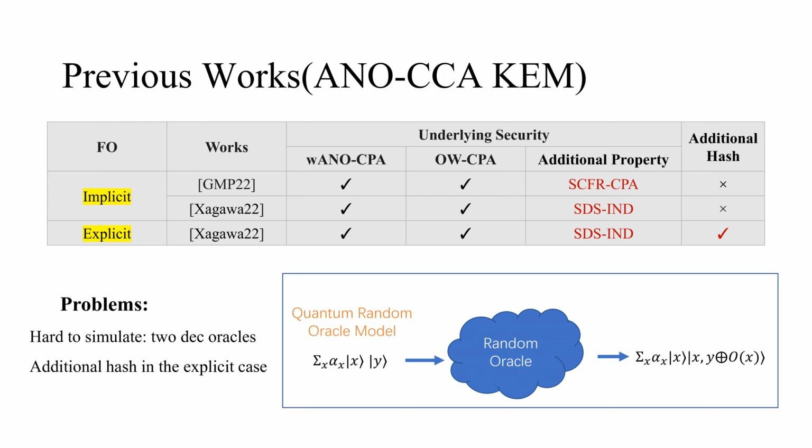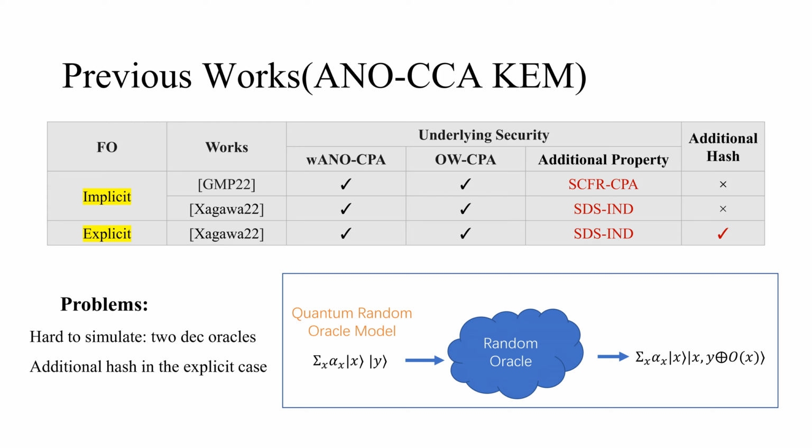Moving on to the next slide, let us review previous works. FO can be categorized into 2 cases. One generates KEMs with implicit rejection, where the decapsulation algorithm returns a random string for an invalid ciphertext, and the other generates KEMs with explicit rejection, where the decapsulation returns a rejection symbol for an invalid ciphertext.